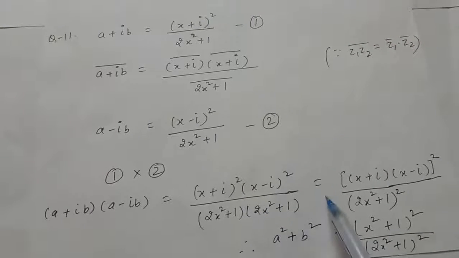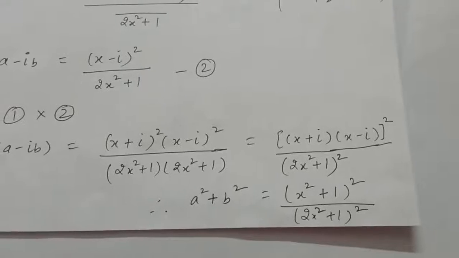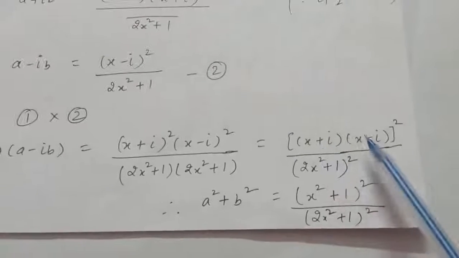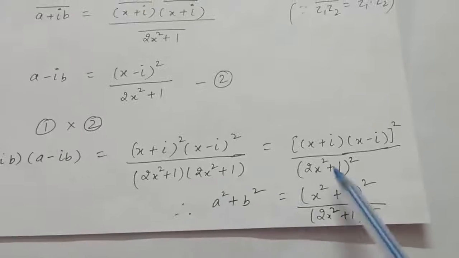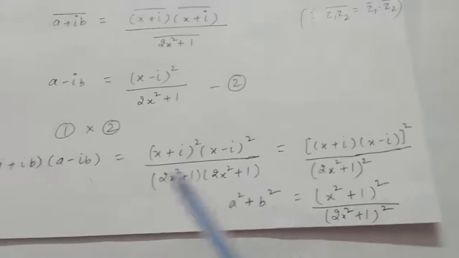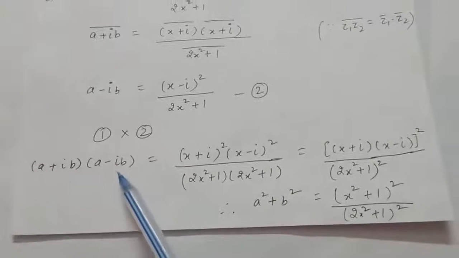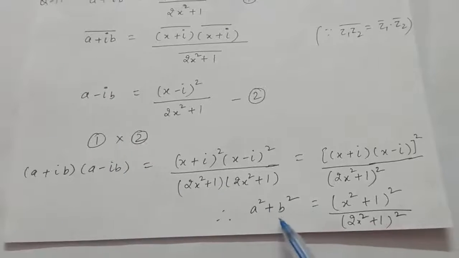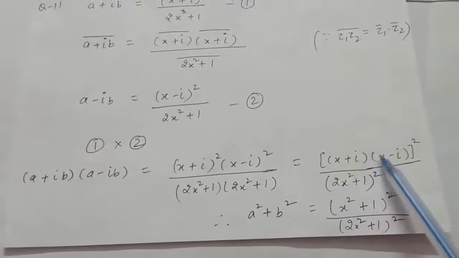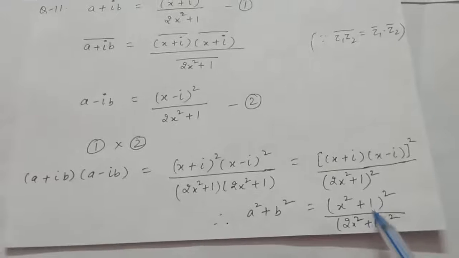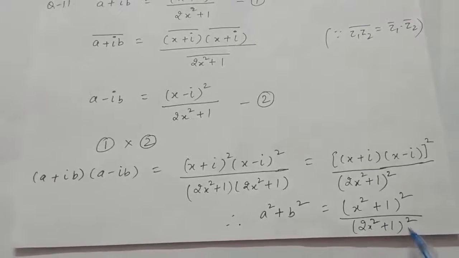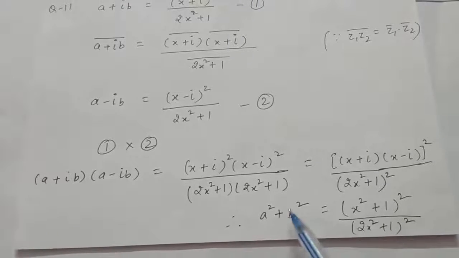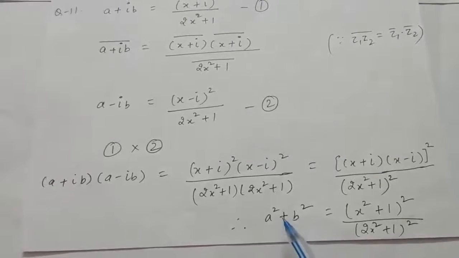So this is equal to the square of (x plus iota) into (x minus iota), upon (2x square plus 1) whole square, right? Now a plus iota b into a minus iota b is a square plus b square, and the product of this will be (x square plus 1) whole square upon (2x square plus 1) whole square. So this is what is required, right?